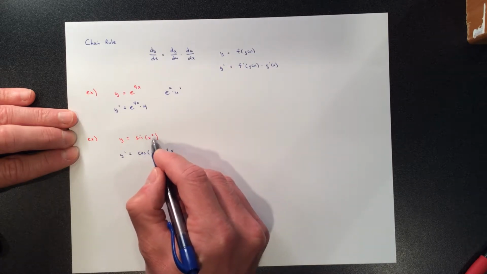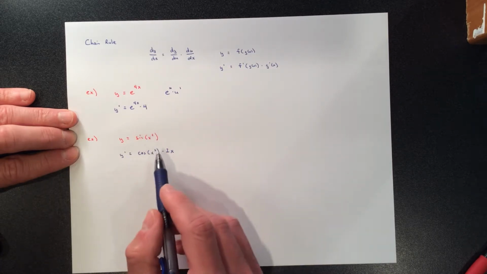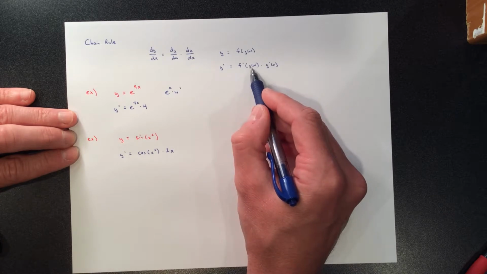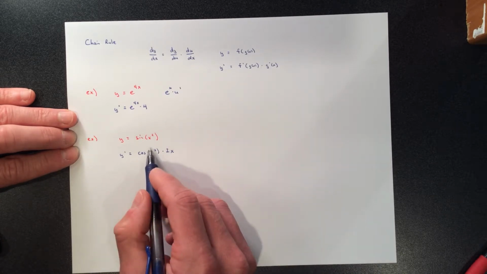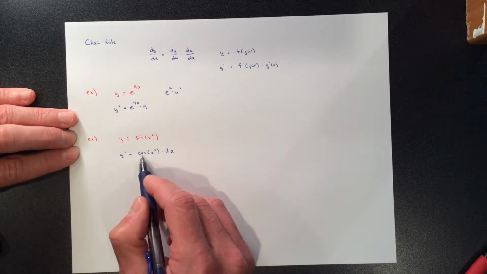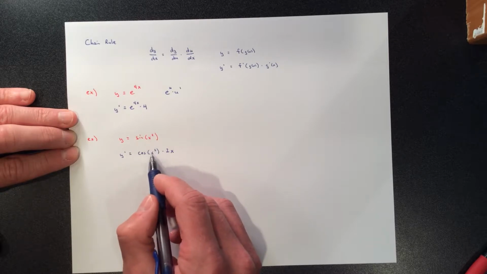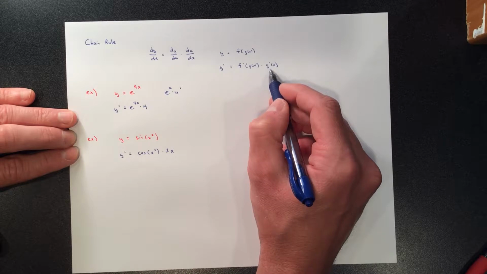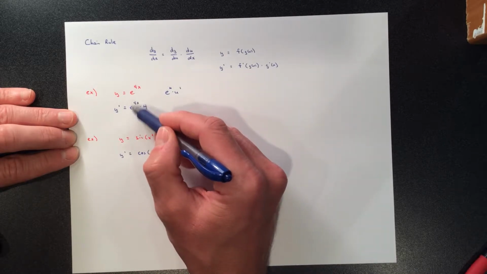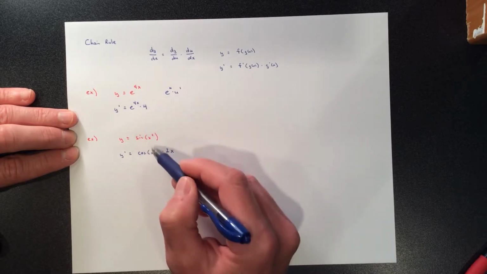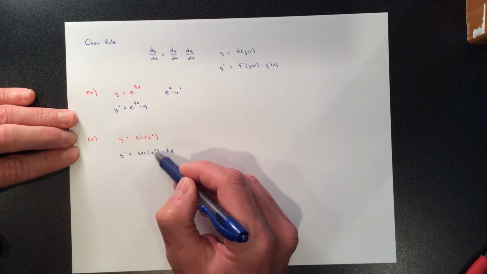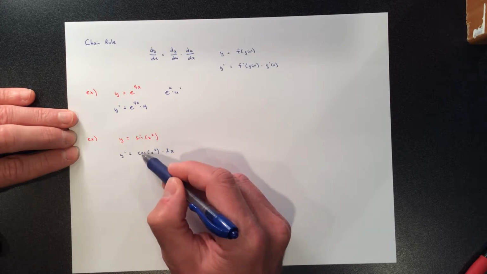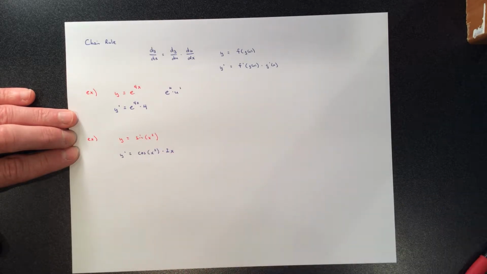This is my u, the inside function. It's the second composite function. It's the g prime in this notation. So this is f prime of g of x. See how the argument didn't change? Times the derivative of the inside, which is g prime. Again, it's still e to the 4x times 4. It's still x squared in the trig function, but I took the derivative of sine and got cosine times 2x.